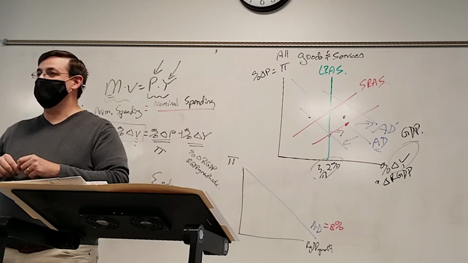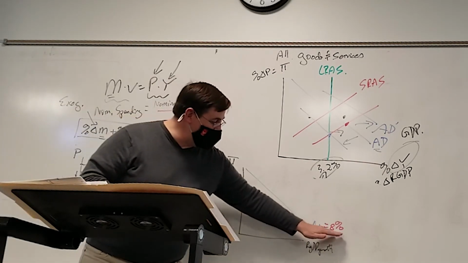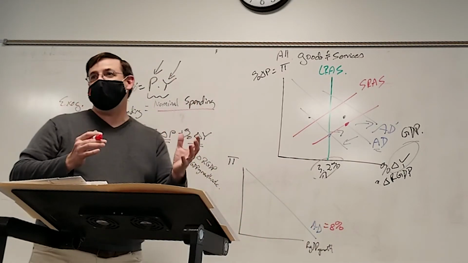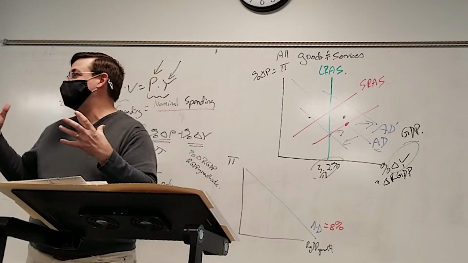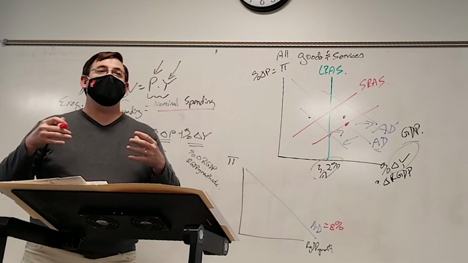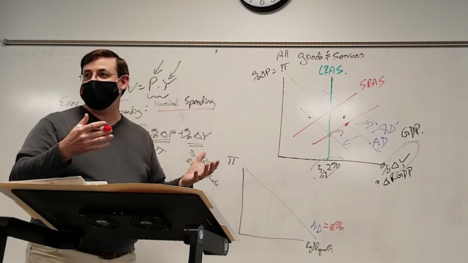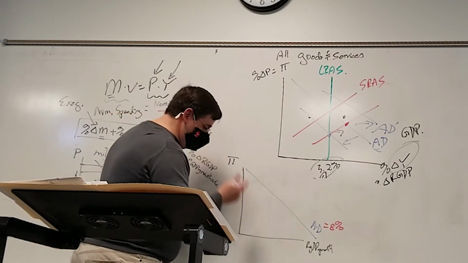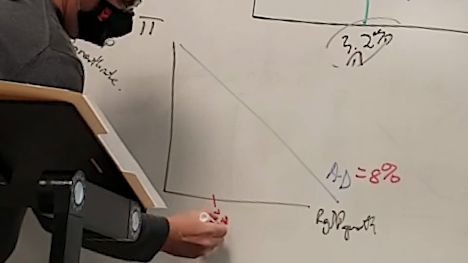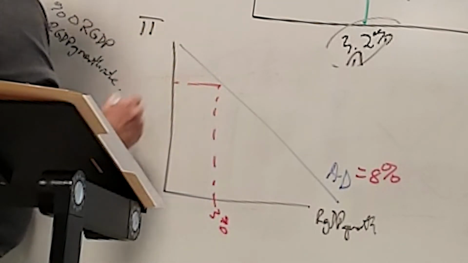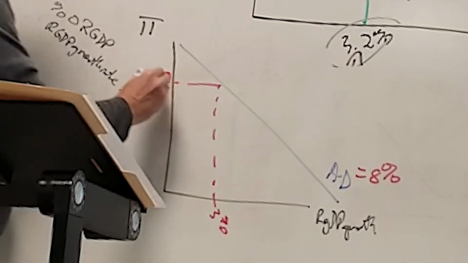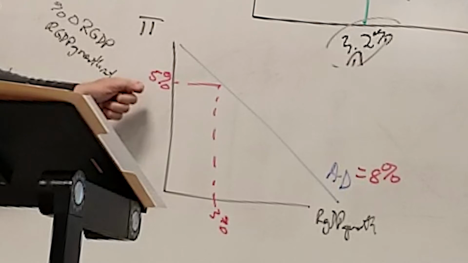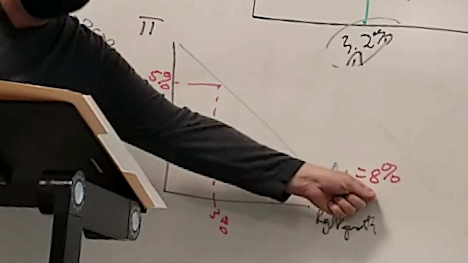So if nominal spending is 8%, that can be split between how much more actual stuff you're going to buy and how much money is going just to cover inflation. For example, if the growth rate of the economy is 3%, we would find that the rate of inflation is 5%. And that would show up as 5 plus 3 equals 8.